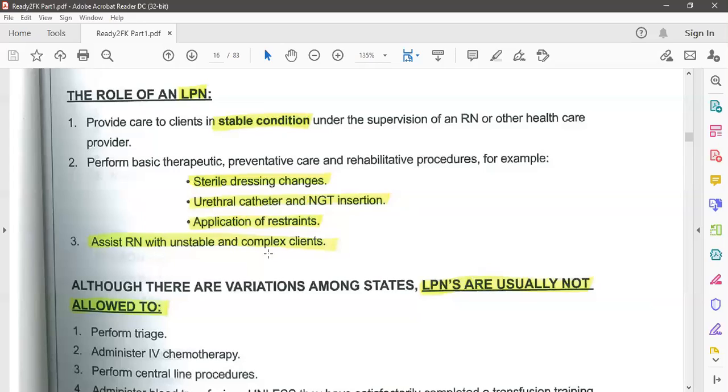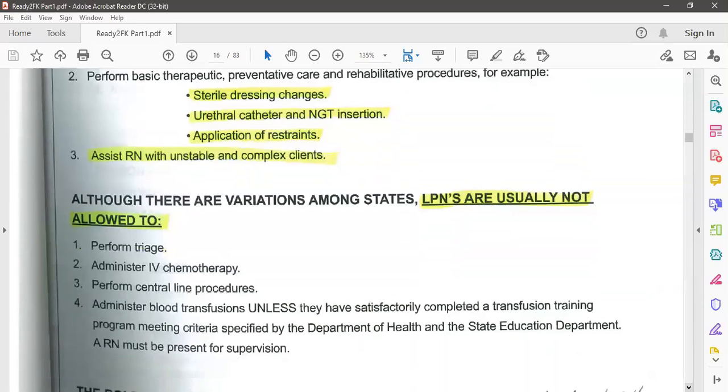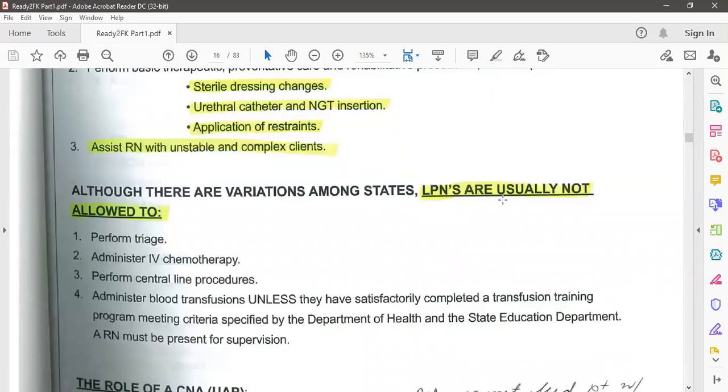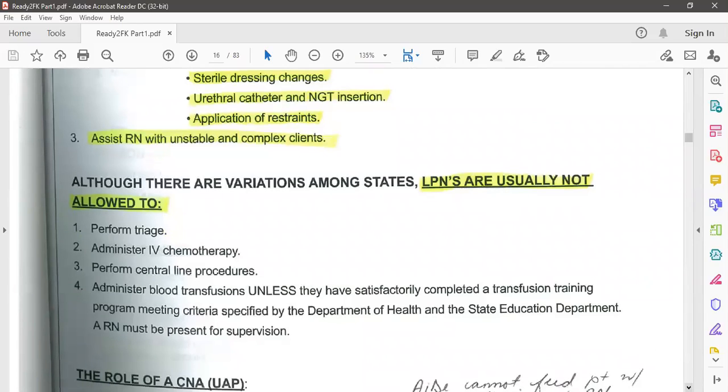Take any kind of measurement, the LPN can do this, right? Before we go to the last one, CNA work, I want to recap in short form. The LPN can never do IV medication or chemotherapy, blood administration, or care plan, never do this.